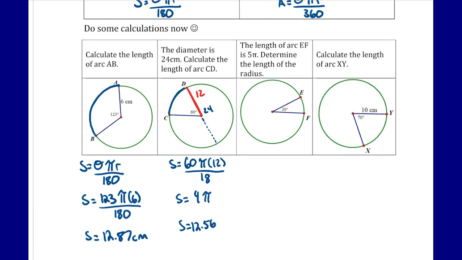So you might see some answers that do all the calculations with the numbers. In this case, 60 times 12, then divided by 180 to get 4, and we leave pi as it is. We don't multiply pi through, because pi is one of those irrational numbers.